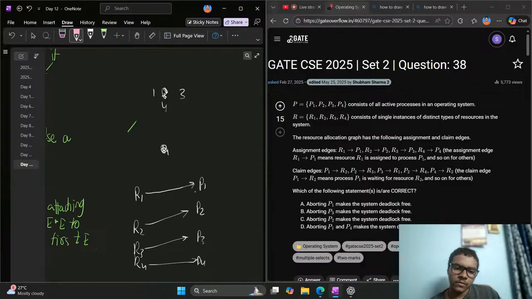so process 1 is waiting for resource 2. Process 2 is waiting for resource 3 and process 3 is waiting for resource. Wait, P1 R2, P2 R3, P3 R1, P4 R2.